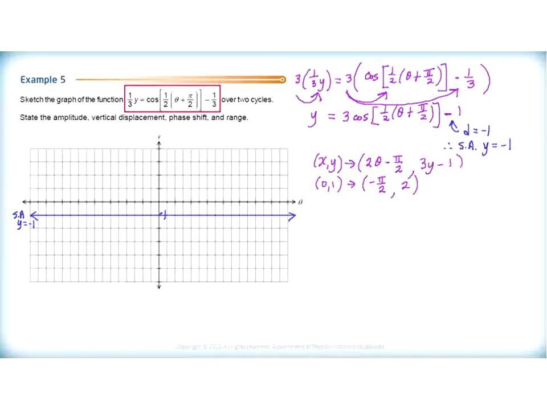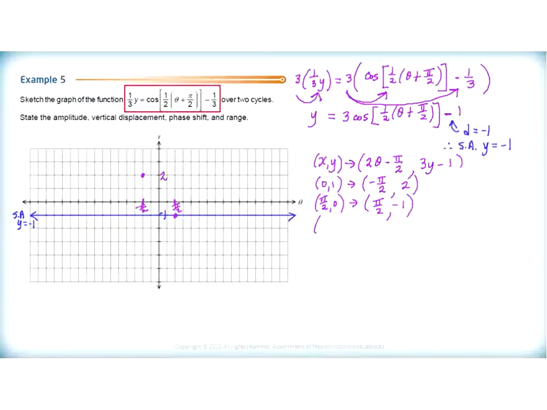So we have -pi over 2 and 2. That will give us the first point on the new transformed graph. Then we will go to pi over 2 and 0. 2 times pi over 2 is just pi, minus pi over 2 is pi over 2. And 3 times 0 minus 1, so we have the point pi over 2 and -1.